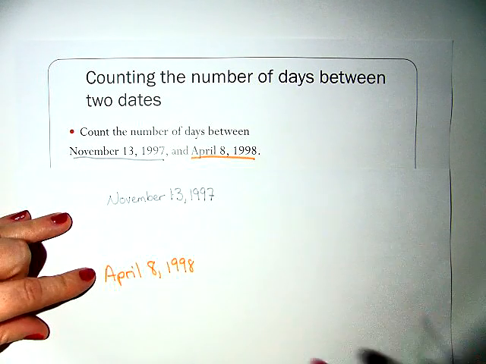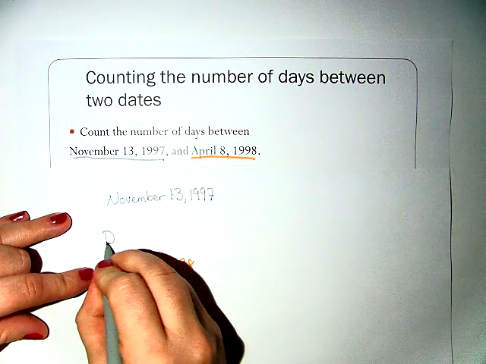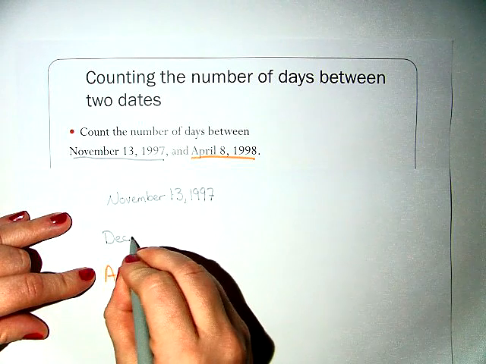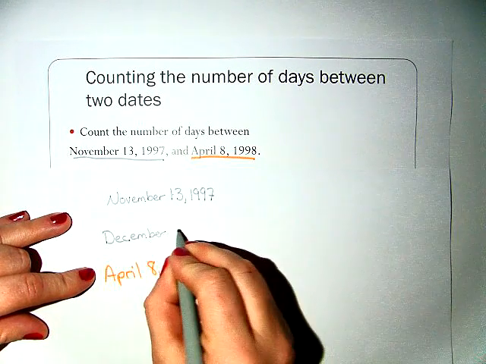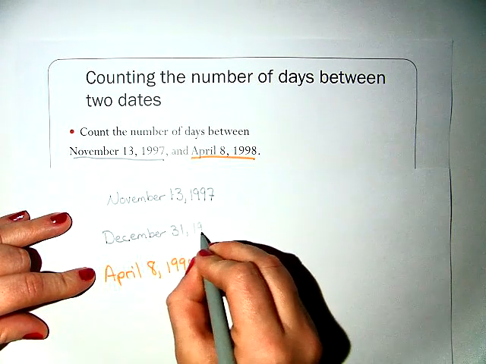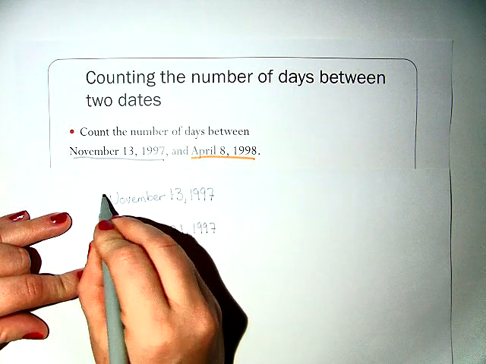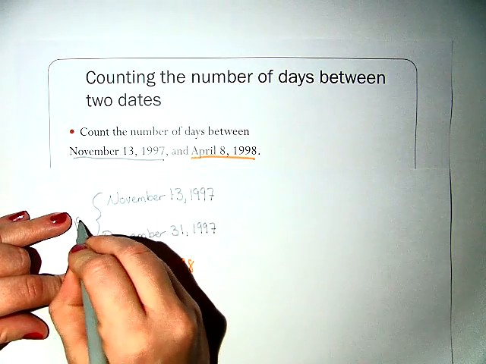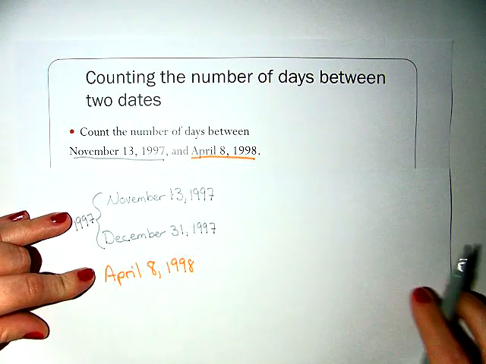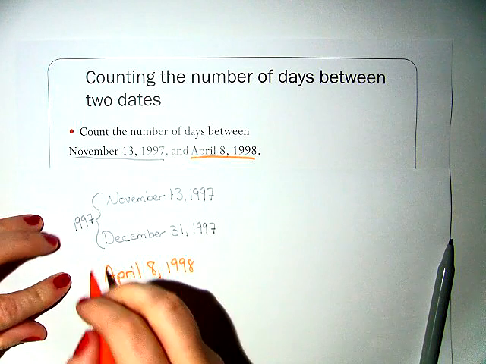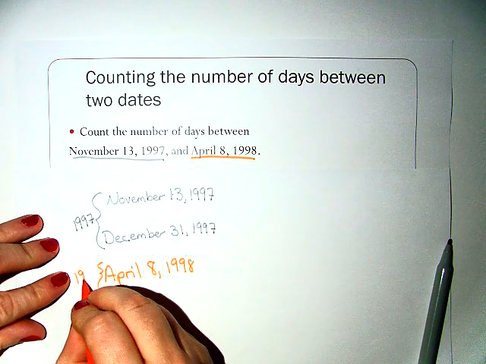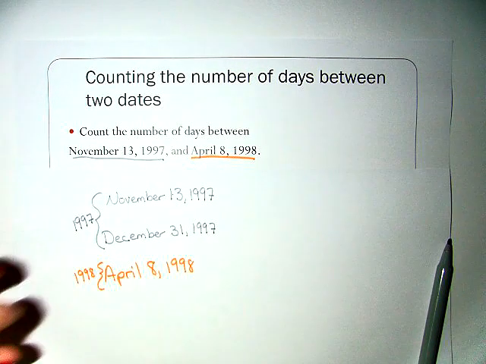But between there, we cross over a year. So I'm actually going to put December 31st, 1997. And that way we get the number of days in the year 1997, and then we can add it to the number of days that we use in 1998.